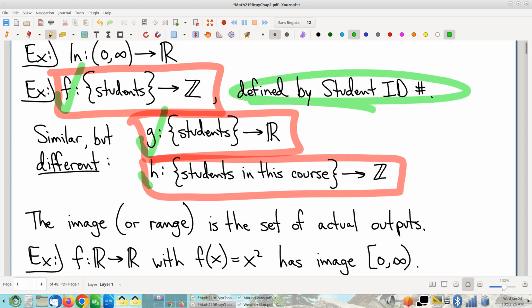F, G, and H. They all say, hey, whatever student we're talking about, give me their ID number. These are different functions. For one thing, notice these two functions here have different targets. Now, is that okay? Are you allowed to do that? Well, sure, because the student ID number will indeed always be an integer. That makes this okay. And the student ID number will also always be a real number.